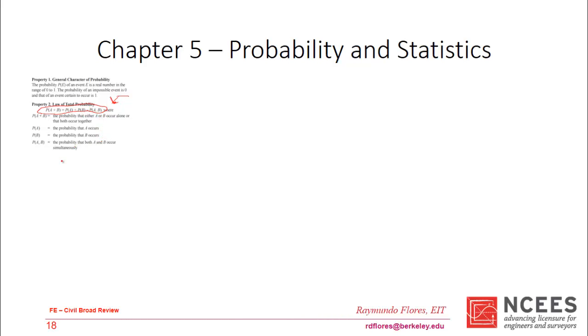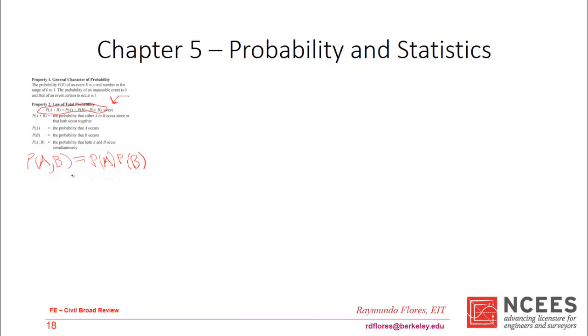Most of the time, P of A and B is going to be equal to P of A times P of B if they're independent.